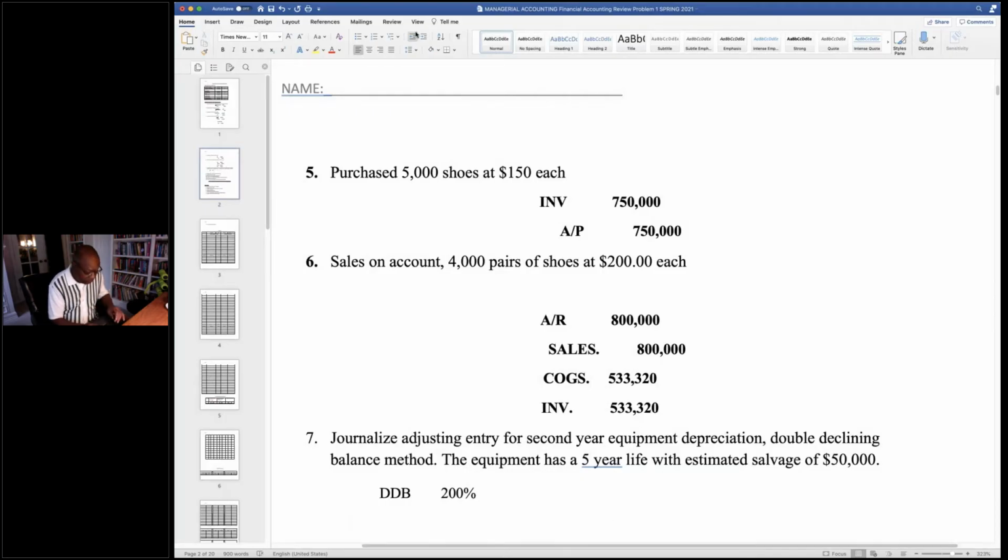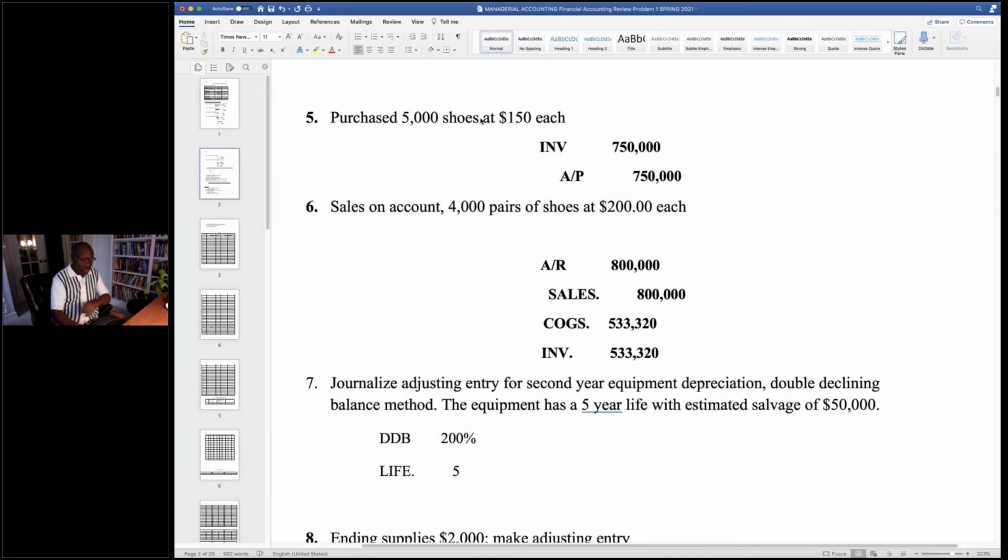Our life was how many? 5 years. So to come up with our depreciable rate, we simply divide 200% by 5. And so our depreciable rate that we'll be using is going to be how much? What's our depreciable rate going to be?